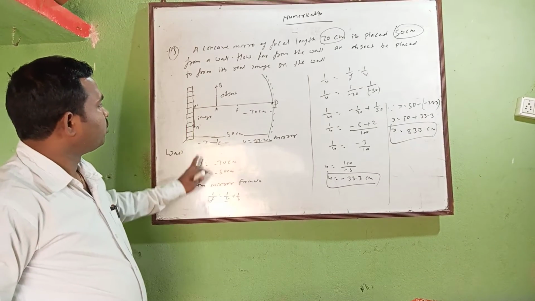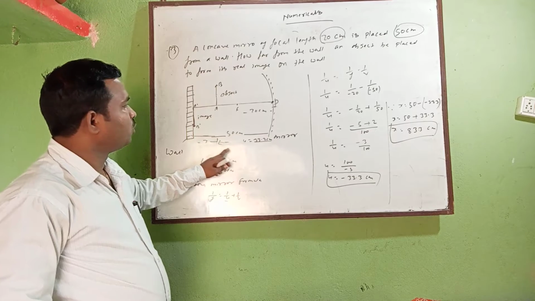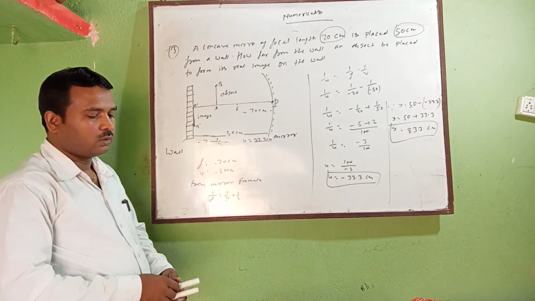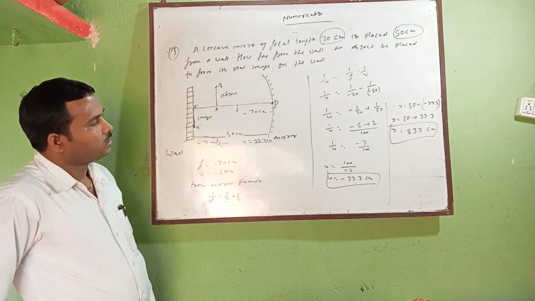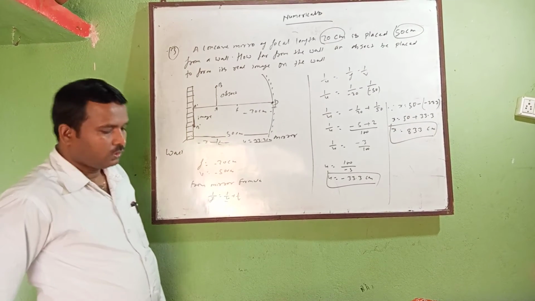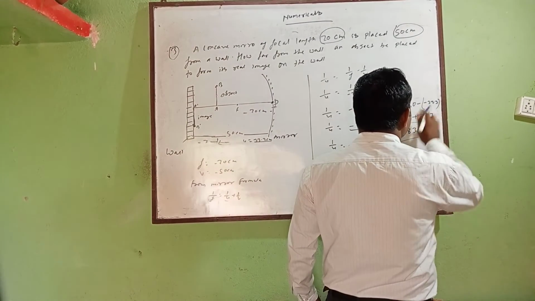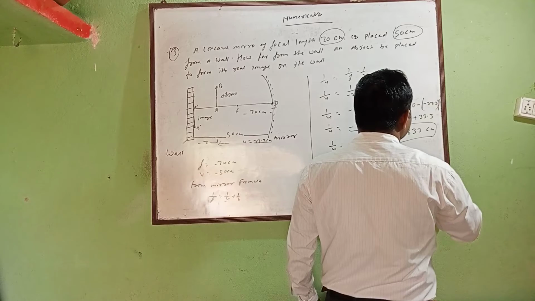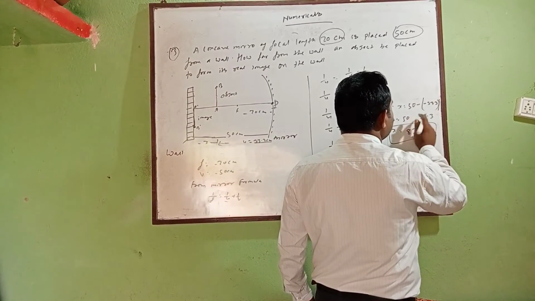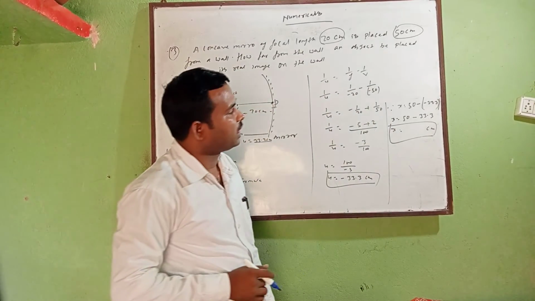Okay, this means the distance is measured from the pole. You have to take it out here. If you take the mod sign, it will always be positive, so the minus is there, and in that case you have to subtract.